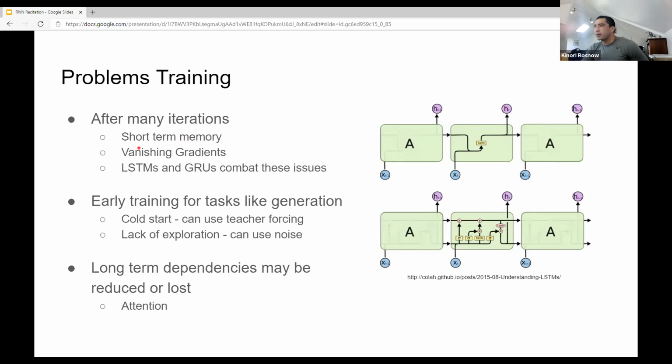The short-term memory is something that can happen where, as these things pass through and go through an activation, the previous hidden state, if it continues to go through activations in between, because you can see the tanh here, even though there's supposed to be some sort of aggregation or combination of the previous information, since tanh is only between -1 and 1, or sigmoid is only between 0 and 1, non-inclusive on the edges, that means the activation is always going to be reducing the previous information by some factor that is less than 1.